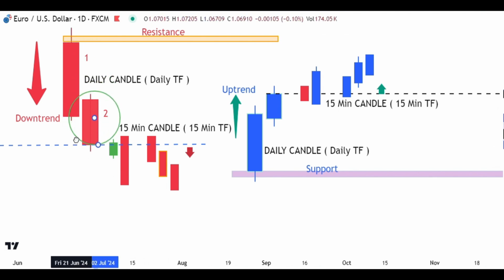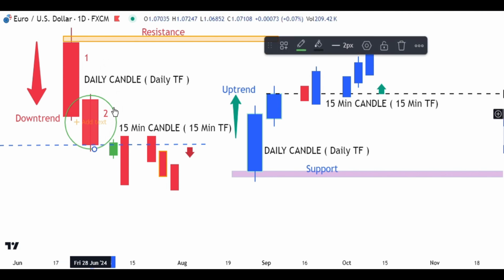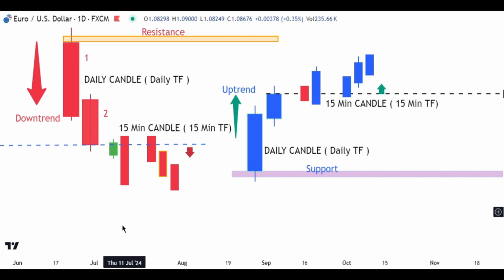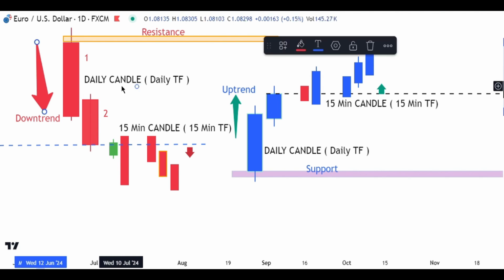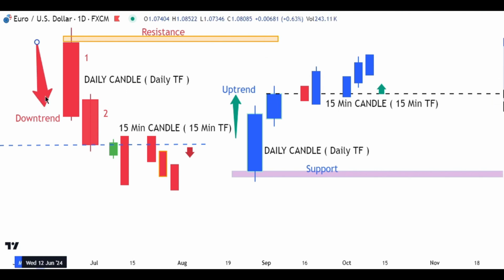So now we are watching to see a bearish momentum, especially when this happens at areas of value like resistance, and you have the first candle being this bearish first day, and the second day you have another bearish candle like that.